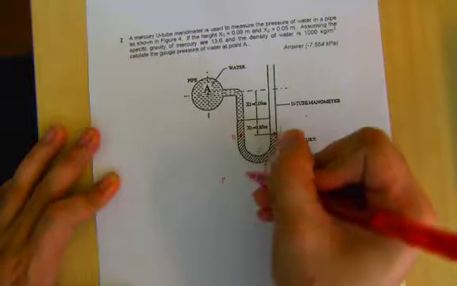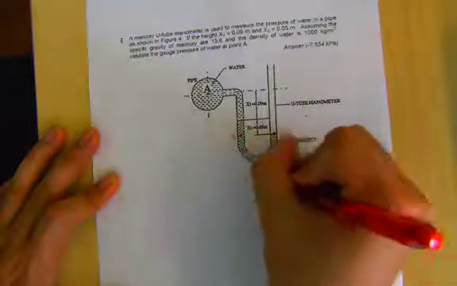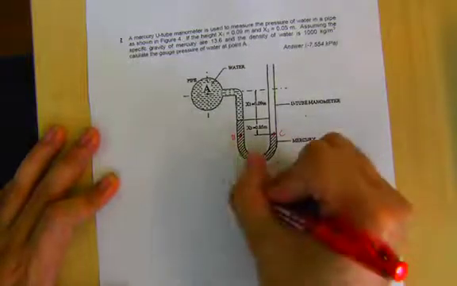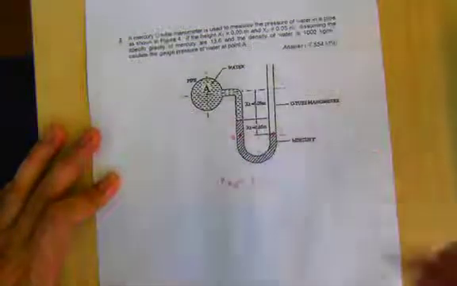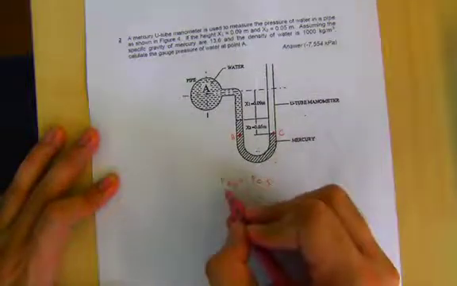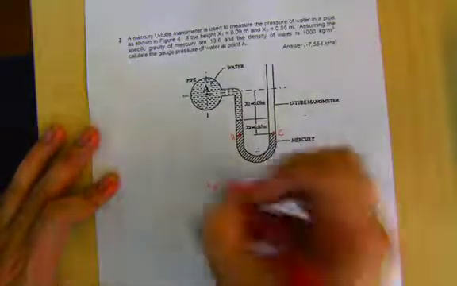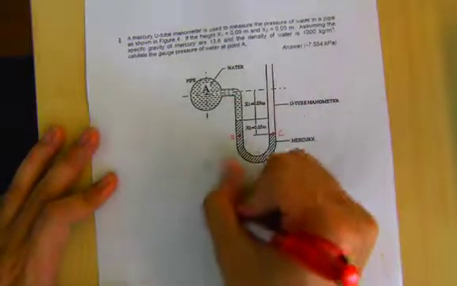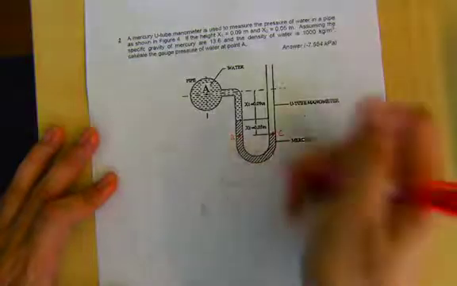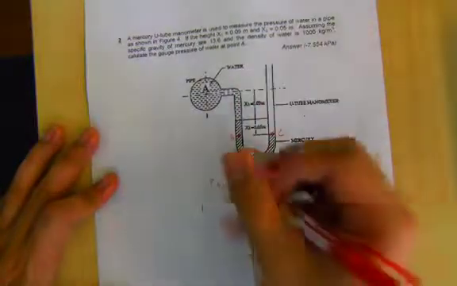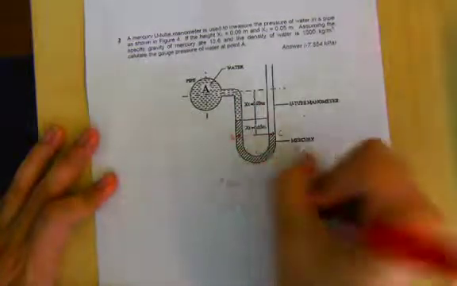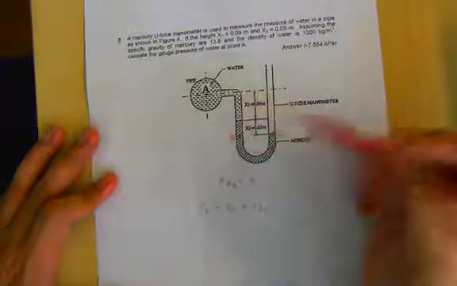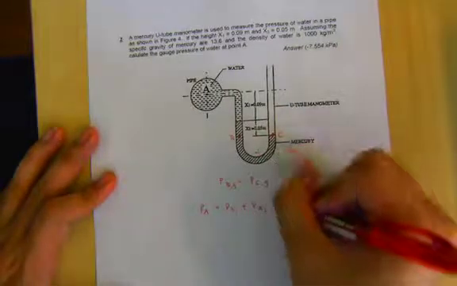Using the same concept, pressure at the same height of a continuous fluid will be the same. So PB will be equal to PC, assuming gauge. PB itself will be due to the pressure of the pipe, PA, plus the pressure due to the X1 column, plus the pressure due to the X2 column, from here to here.